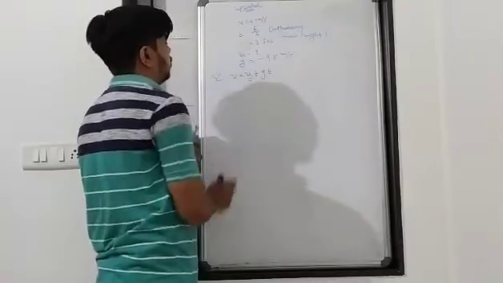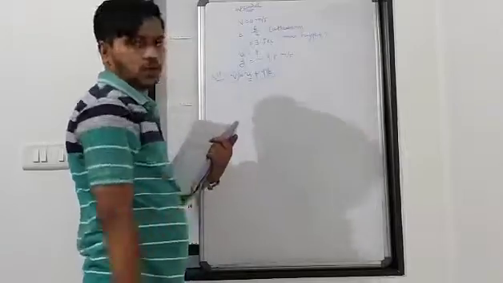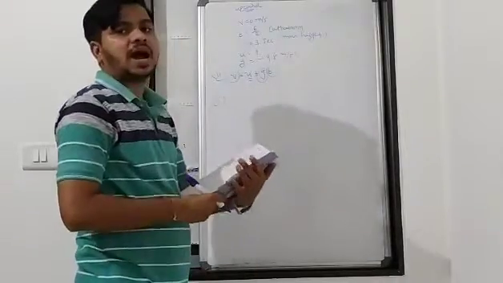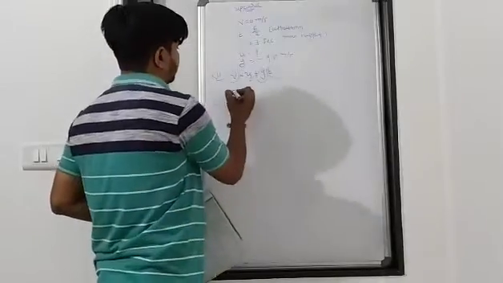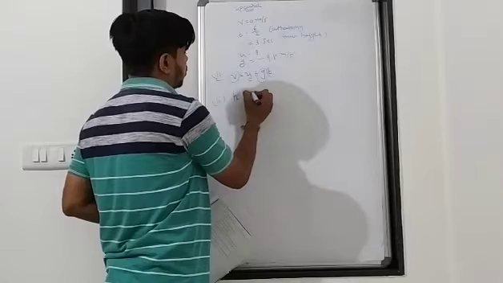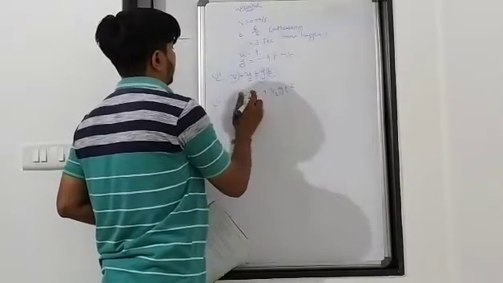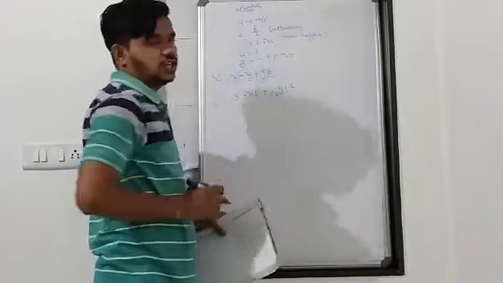You can easily find u, as we know v, g and t. Now the second one: what is the maximum height attained? The maximum height is h. So h is equal to ut plus 1/2 gt square, the same as s. You can easily find it, as we get the u from the first equation.